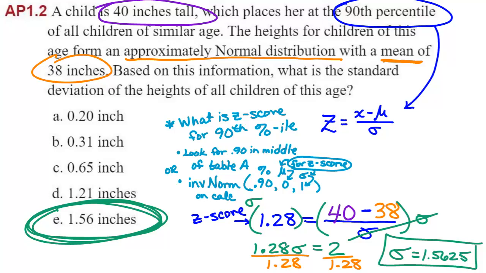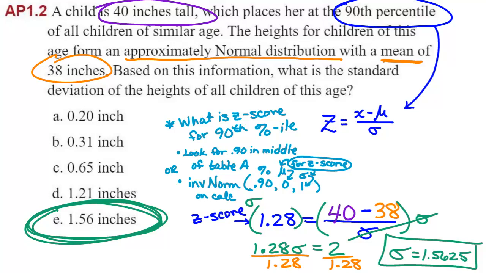So that's why I went with the 1.28. Although if you do this with the 1.29 as opposed to 1.28, it's going to be so close that you're going to be able to figure out which one it is. So if you look it up on table A and you're off by just a 0.0 something, you're probably going to be fine.